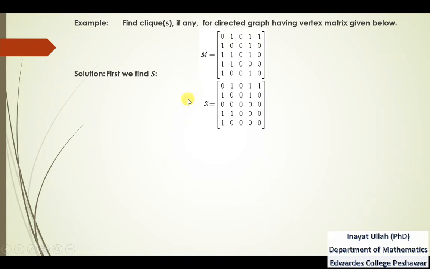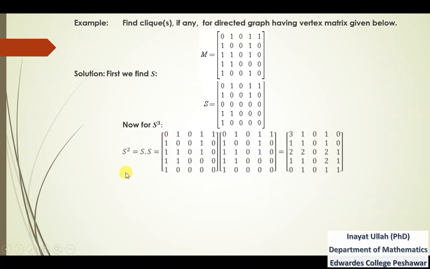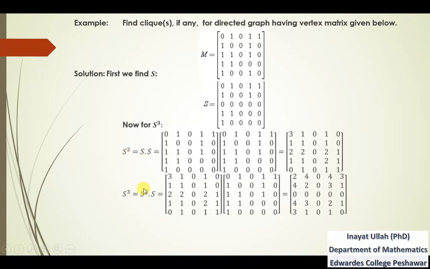Now for clique, find the cube of this S by finding S square first, by multiplying this S 2 times to get this matrix S square, and for S cube multiply this S square with S to get S cube.